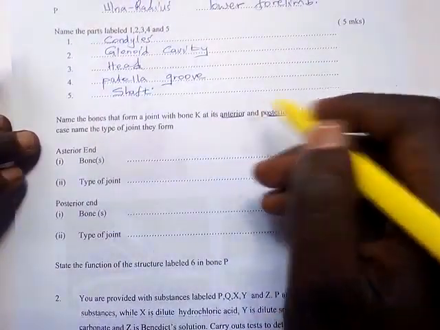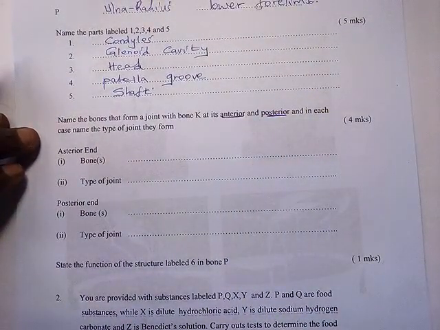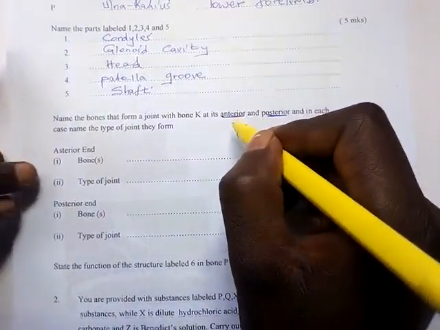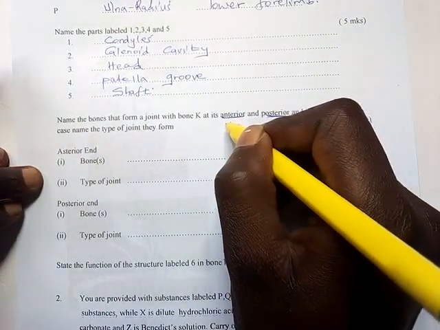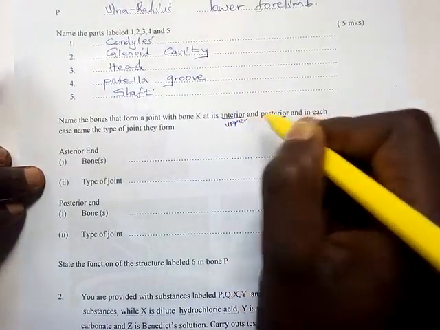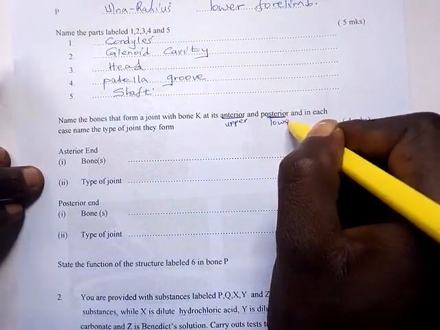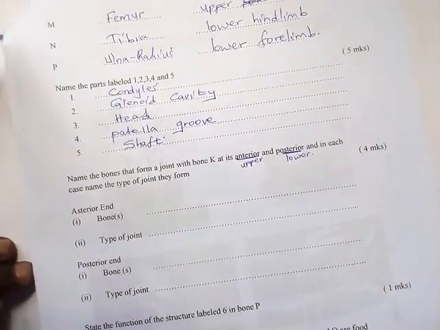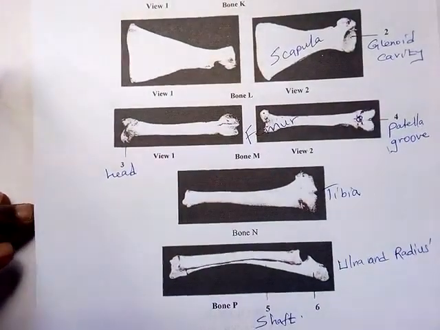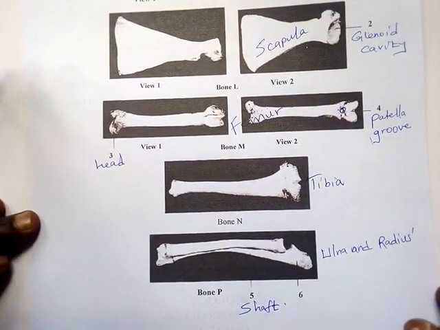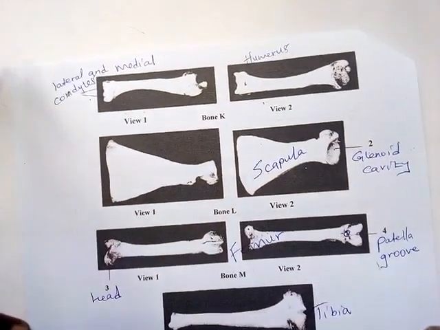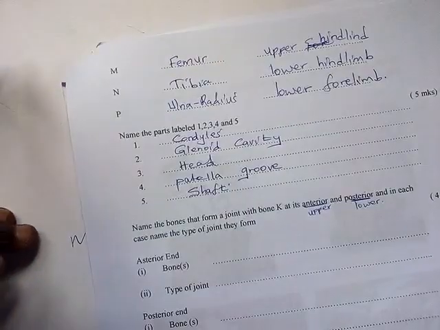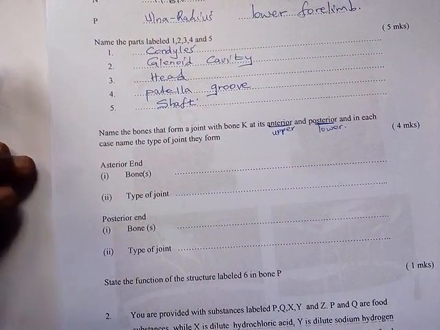In the earlier video we said that anterior is the upper side, while posterior is the lower side. Now when you have identified like that, you look for the bone K. Bone K, this is the humerus.